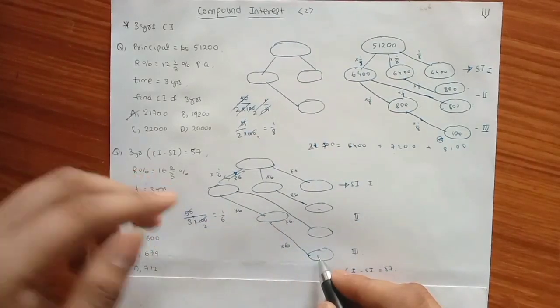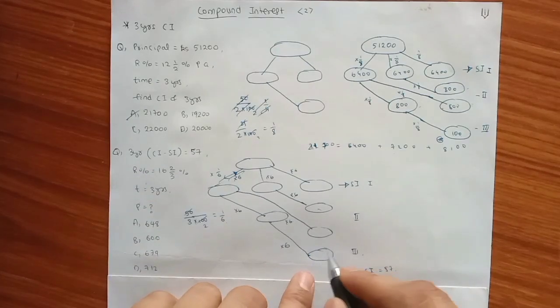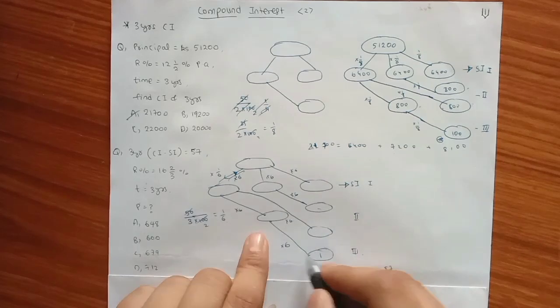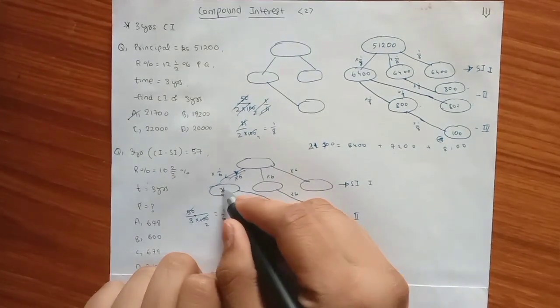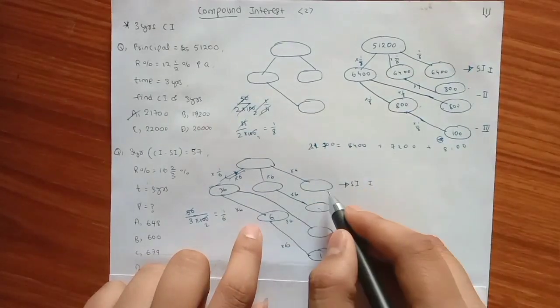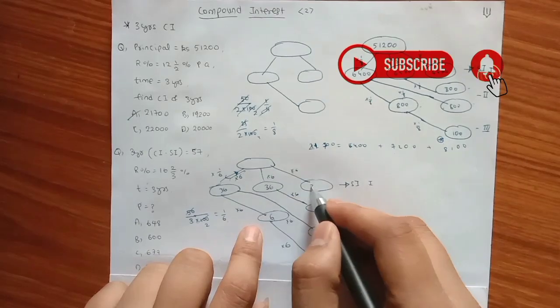We assume some value, let it be 1. Then 1 into 6 is 6, and 6 into 6 is 36. Writing the whole thing, these three things are similar: 36, 36.